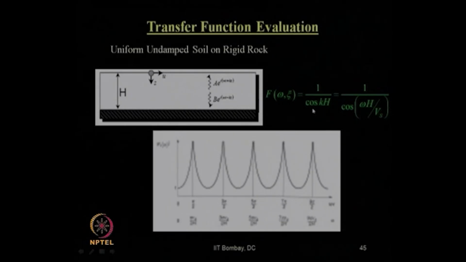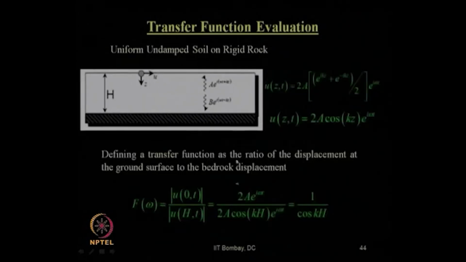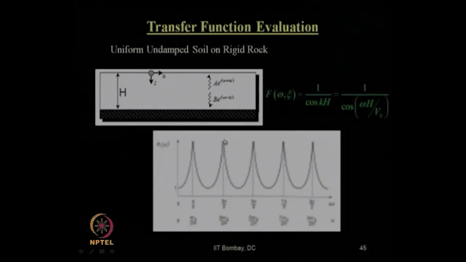Cos of pi by 2 is 0, so it becomes infinity. Again at k h equals to pi, it will reach 1, because remember we have defined it as the mod of this. That is why it is always positive like this. If k h is 3 pi by 2, then again it goes to infinity, and so on. You will get a plot of the transfer function for various values of k h in this fashion.